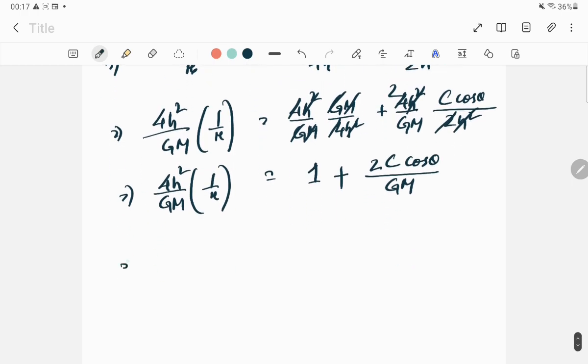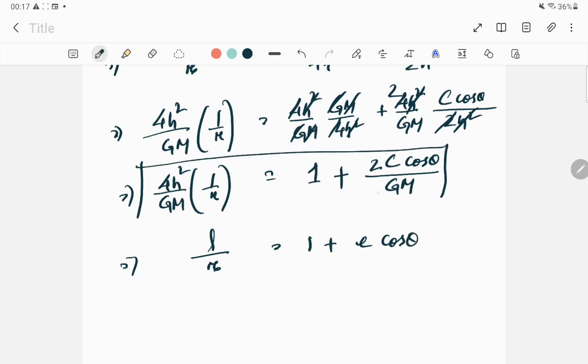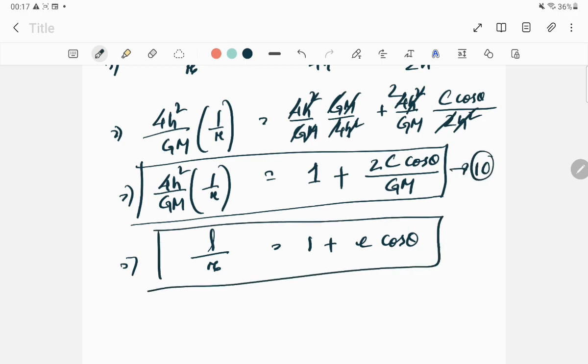So this can further be modified as L by r equals 1 plus e cos theta. So this is our equation number 10, and this is our equation number 11.